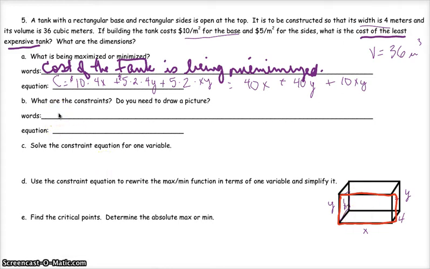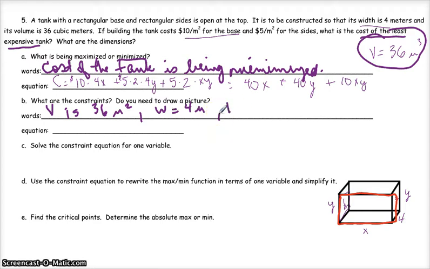Well, now let's talk about our constraints. And we've already used our constraints somewhat when we were figuring the cost figure. So we know that our constraints are the fact that our volume can only be 36 meters squared. We could also say that the width equals 4 meters.